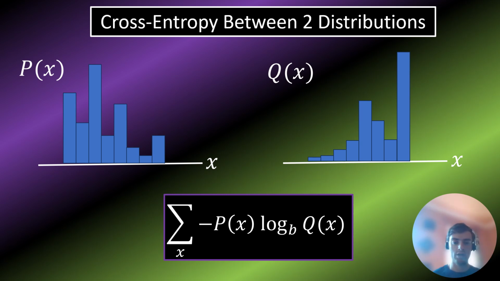Then you're actually going to end up using, on average, more information to represent the P of x, so more information than you really need. So you're going to be using excess information, really.